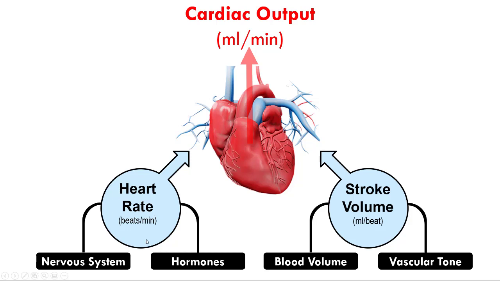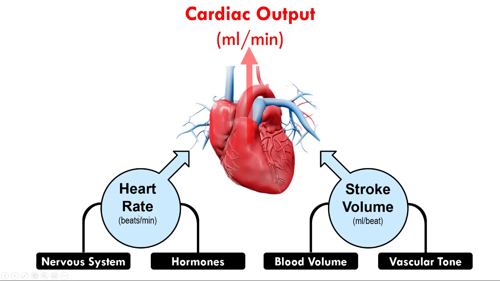So at rest, you'll regularly see endurance athletes, or just athletes in general, that have resting heart rates somewhere below 60, 50, 40. It's okay, because the same cardiac output is met based on the stroke volume. So the body said, hey, we don't need to beat as fast, because for each contraction we're getting more blood pumped out.